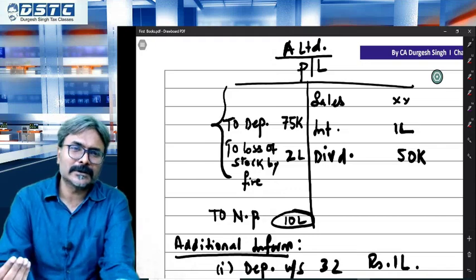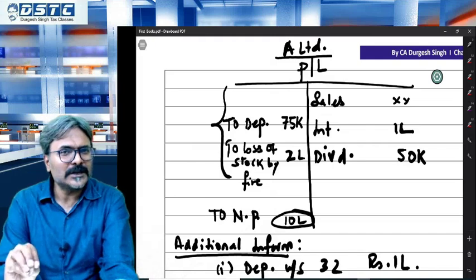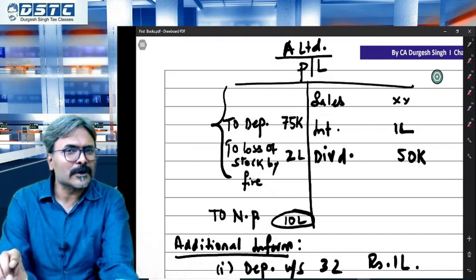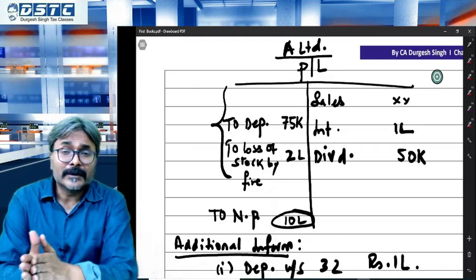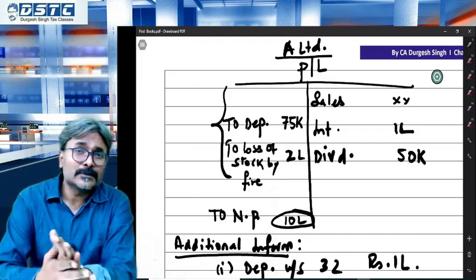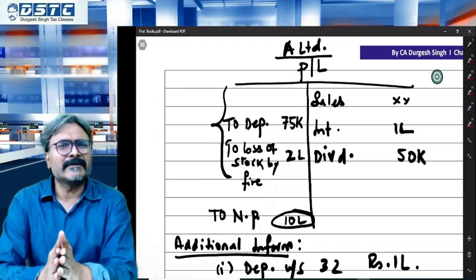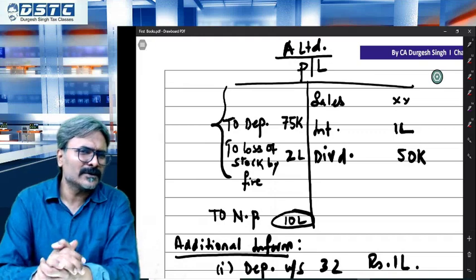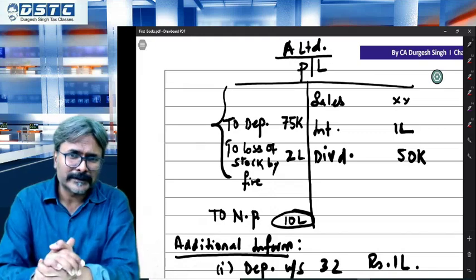So again, the question is, do we have any specific section under the head PGBP where this loss of stock by fire will be allowed as a deduction? Students are saying that, to the best of what they have read, they don't recollect any section covering this loss of stock by fire.